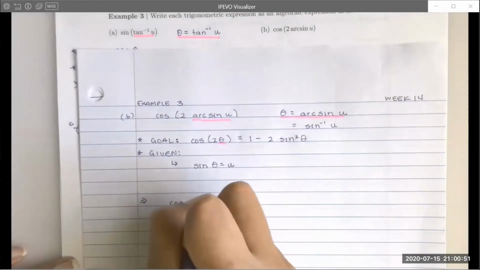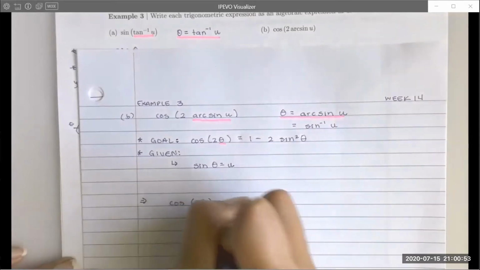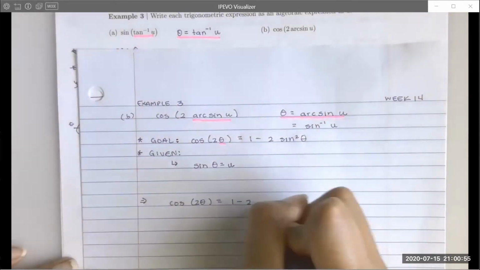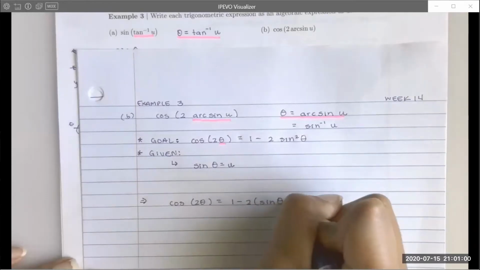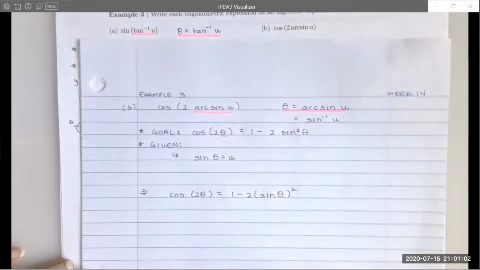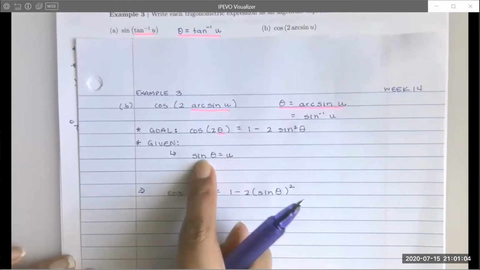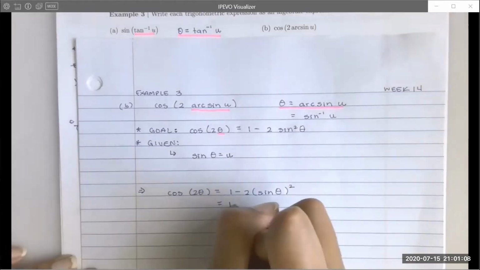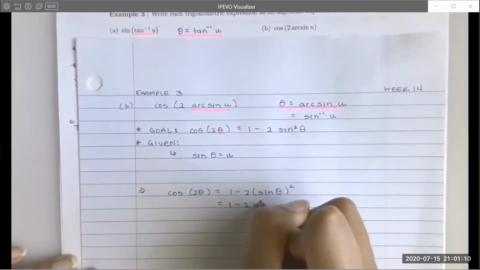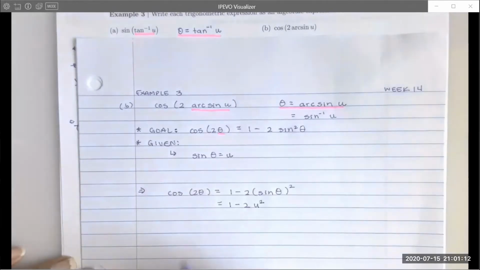I have cosine of 2 theta is equal to 1 minus 2 times sine of theta, and that term has to be squared. Now I know that sine of theta is u, so I'm just going to have 1 minus 2u squared. And that's pretty much it.